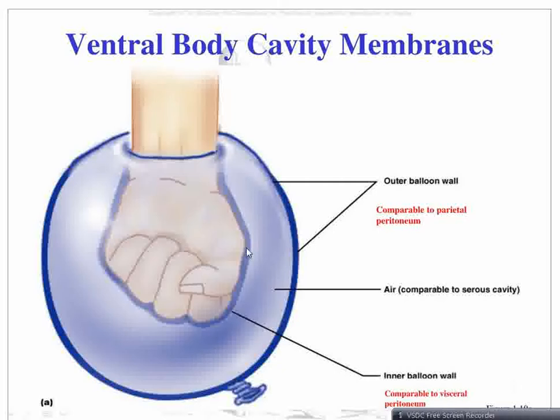So outer and inner layer of peritoneum: parietal peritoneum and visceral peritoneum. In between these two, there is an area, that is the peritoneal cavity, which is filled with peritoneal fluid, which is produced by the serous membrane, the lining epithelium, that is simple squamous epithelium, seen on the inner aspect of the parietal and the visceral peritoneum.